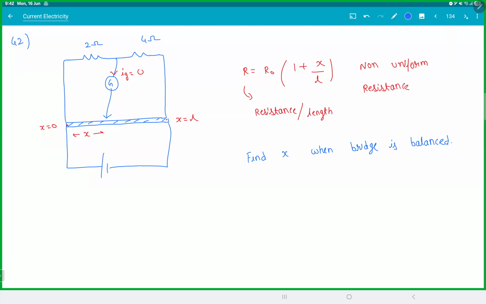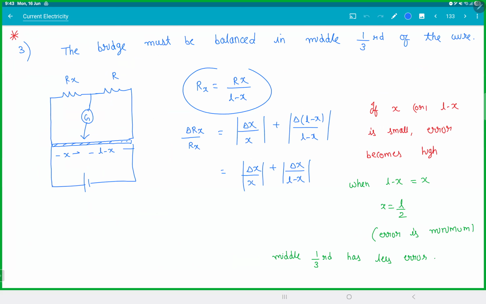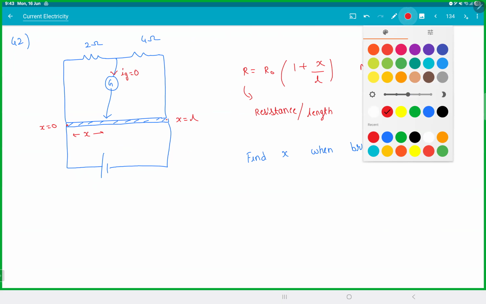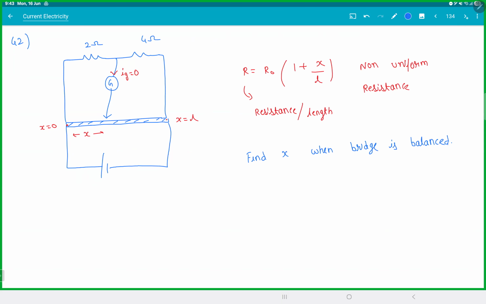Let's get this. Remember, you can't use this formula anymore, but the concept is still the same. If the bridge is balanced, it forms a Wheatstone bridge. So in these things, the main thing is, never mug up the formulas. Always understand how it is working, because if something changes, you should know where to do the adjustment.